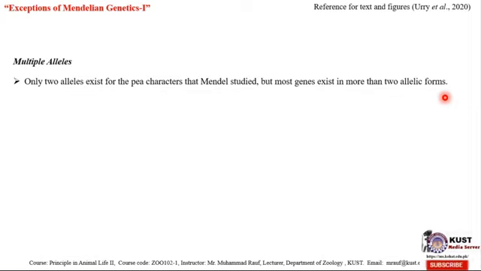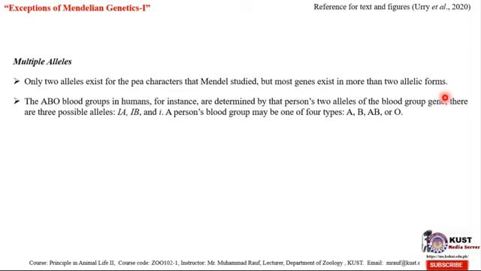An individual can have a maximum of two alleles which determine the blood type, but in a population there can be different forms of these alleles which determine the blood groups. The ABO blood groups in humans, for instance, are determined by that person's two alleles of the blood group gene. There are three possible alleles.